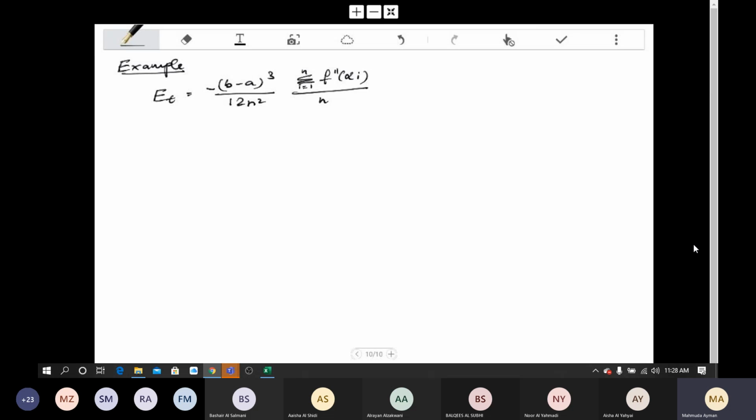As we know, this part here is approximately the average of the second derivative of the function, and alpha i is between a plus (i minus 1) times h and a plus i times h.